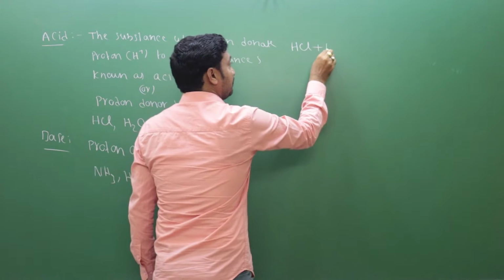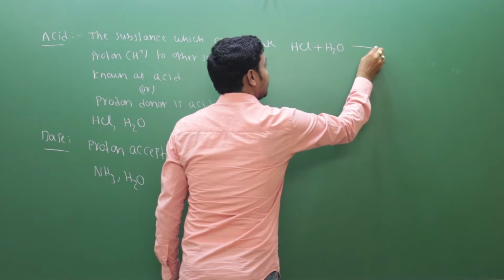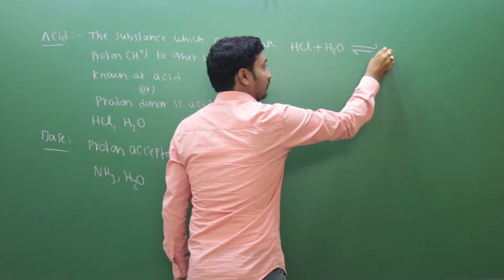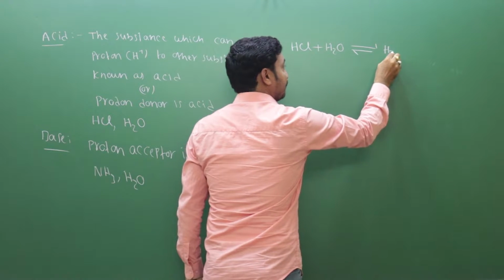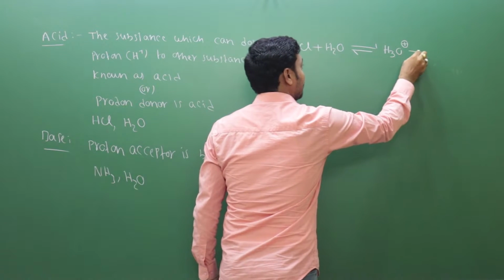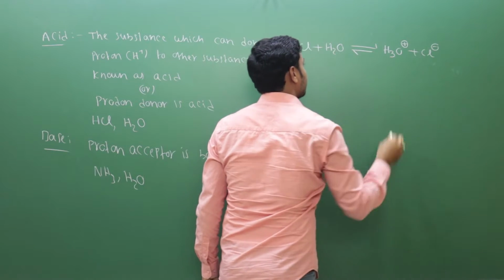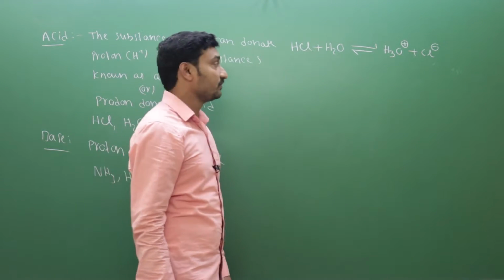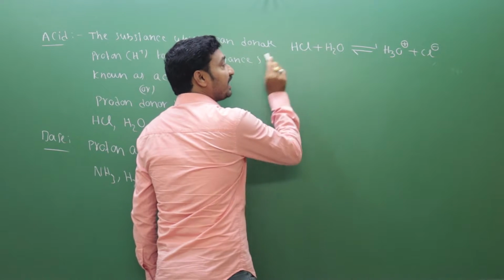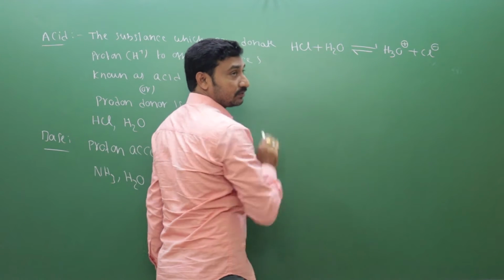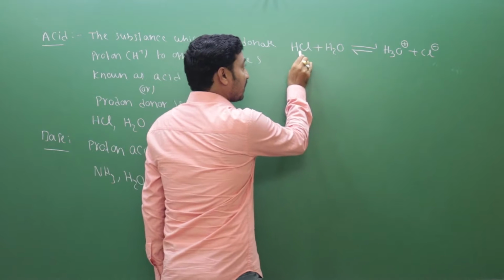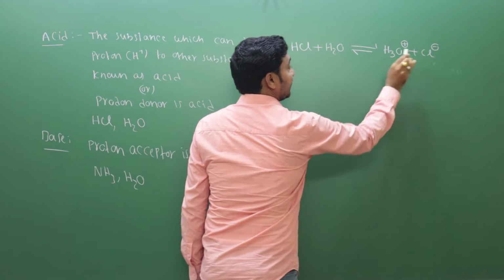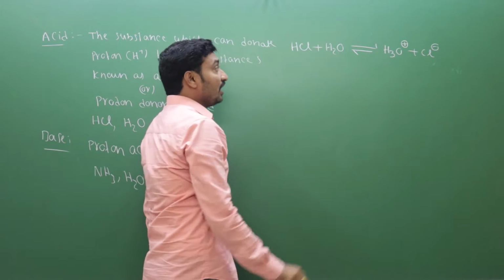HCl plus H2O gives rise to H3O plus Cl minus. See this reaction. In this reaction, what happened? HCl donates one proton to water. So HCl is converted to Cl minus, right?